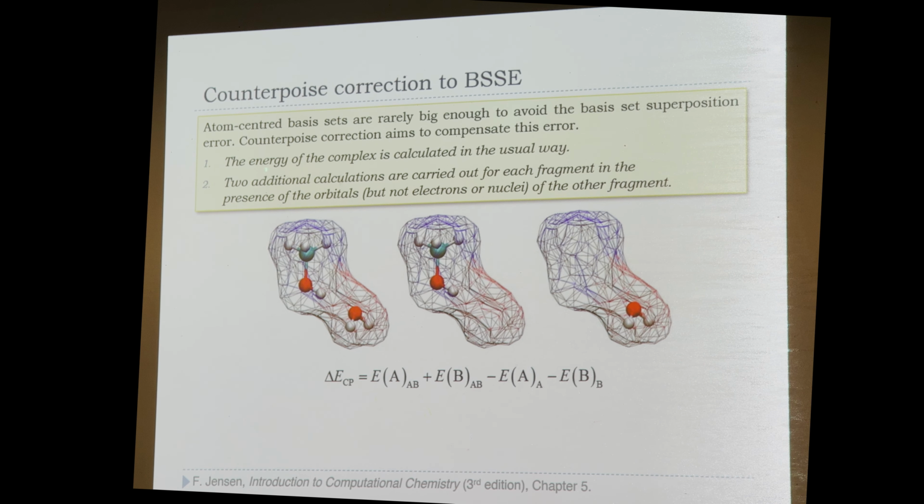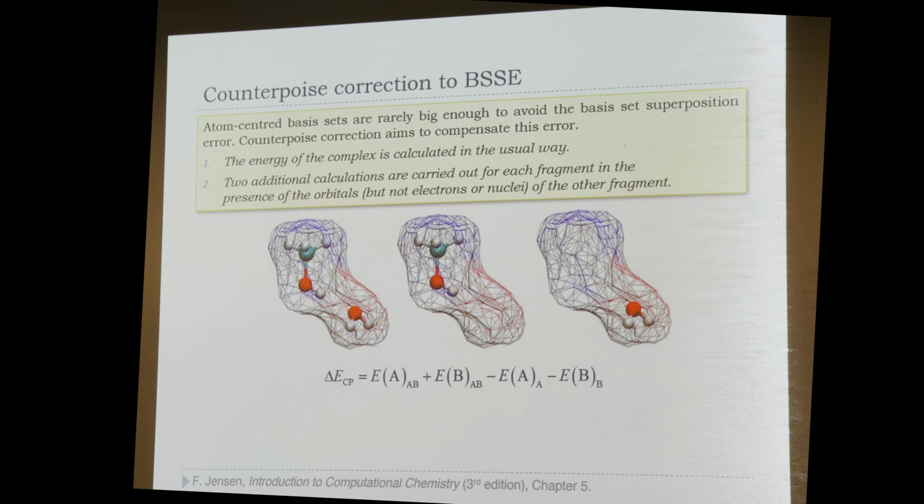But it proceeds from the fact that the orbitals of water artificially augment the description of methanol. So what we can do is we can calculate this complex, but then we can calculate the energy of methanol with all of the basis functions of the water, but none of the electrons. And so this will automatically include the extra variational flexibility correction on methanol.